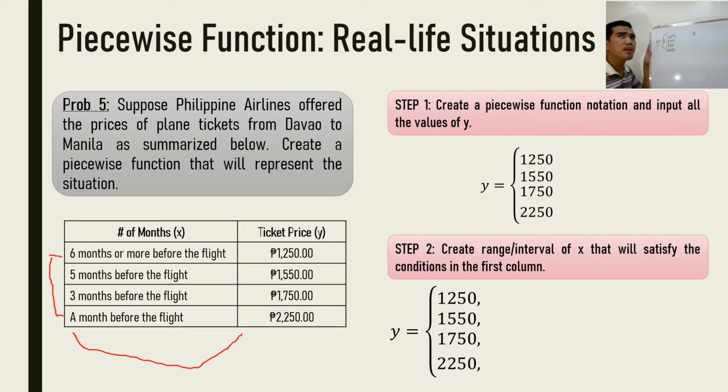What does that mean? We have X greater than or equal to 6. That is literal: 6 months or more. So any value of our variable X should be greater than 6 and at the same time equal to 6. That is what it means.